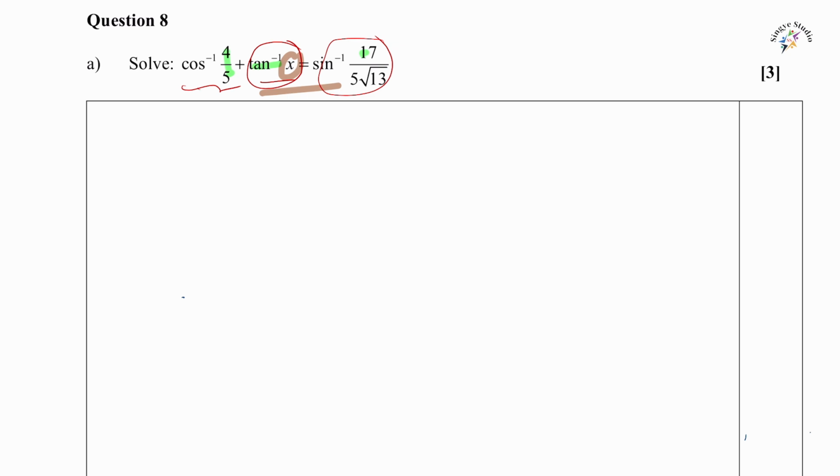My best advice in solving this kind of question, which usually deals with inverse trigonometric functions, is that you first try modifying all these given functions into something the same.